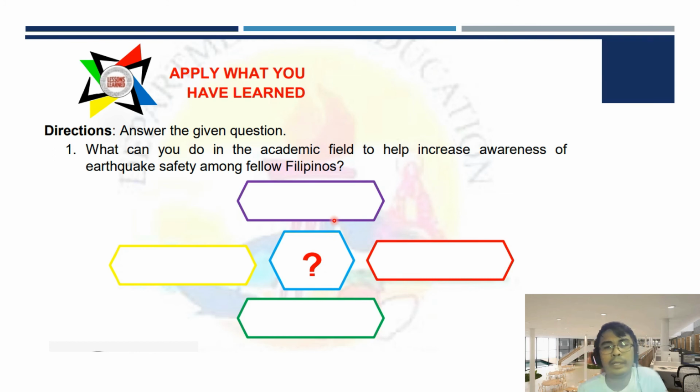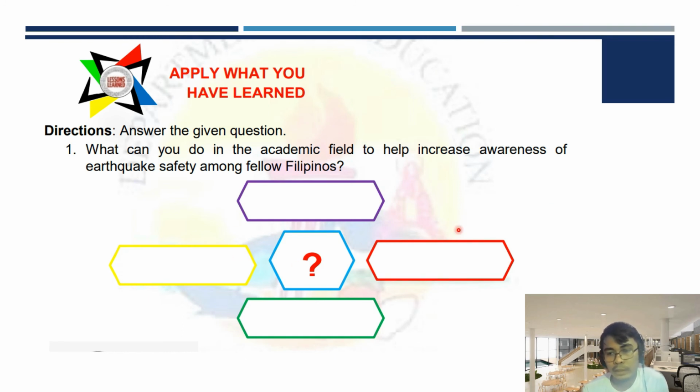What can you do in the academic field to help increase awareness of earthquake safety among fellow Filipinos po? Okay, bilang isang estudyante for example, paano ka kaya makakapag-increase ng awareness sa mga tao when it comes to earthquake safety? Okay? Among your own fellow Filipinos po.